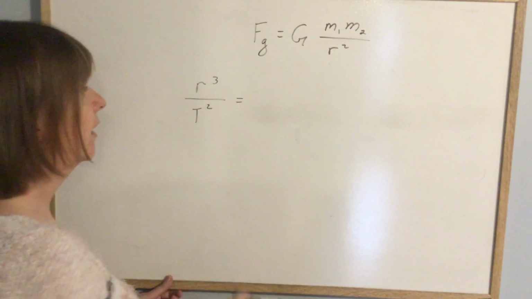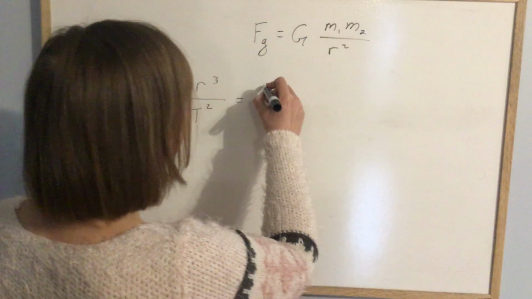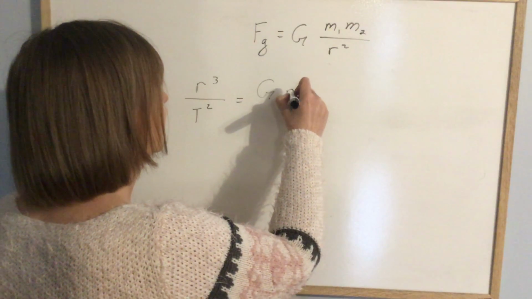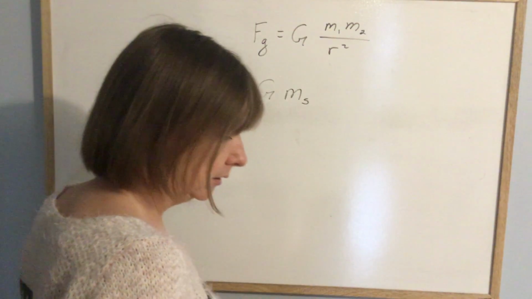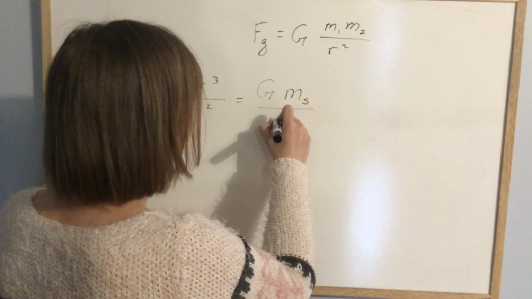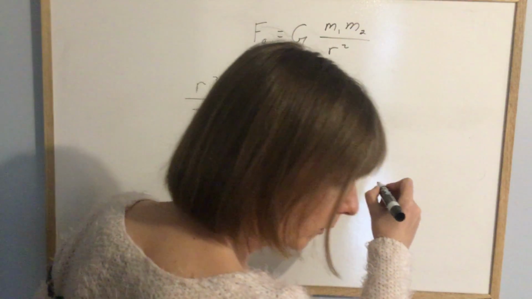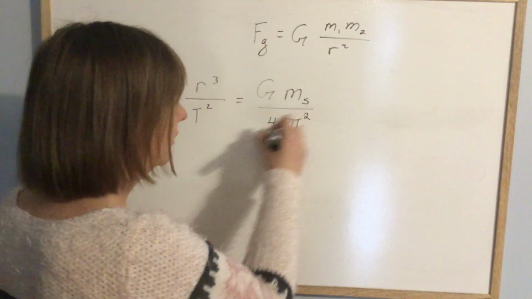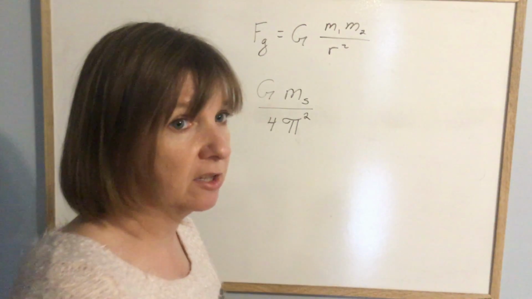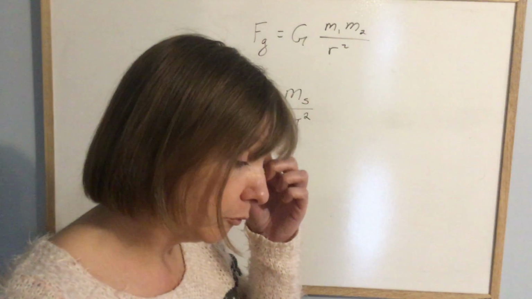This constant works out to be G times the mass of the sun over 4 pi squared. And the pi is the thing that is squared. There are no brackets around that, so the pi is squared, not the 4.